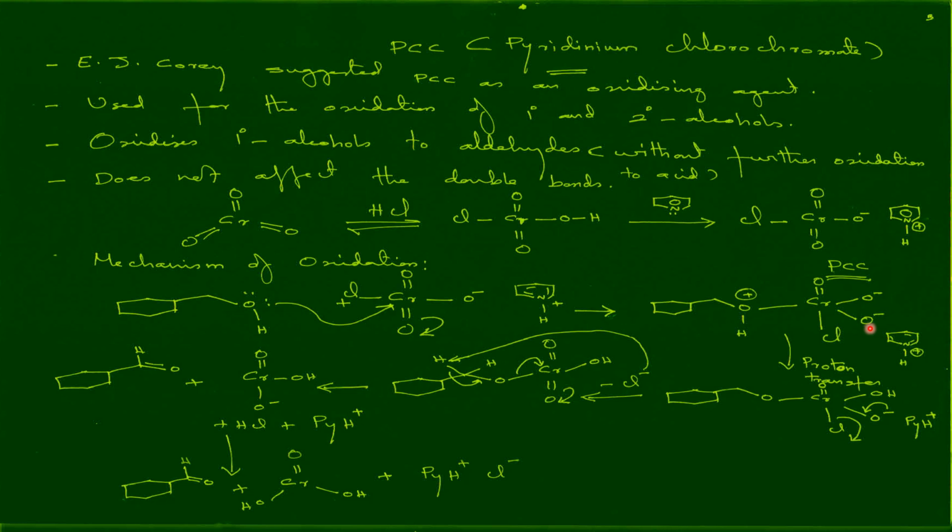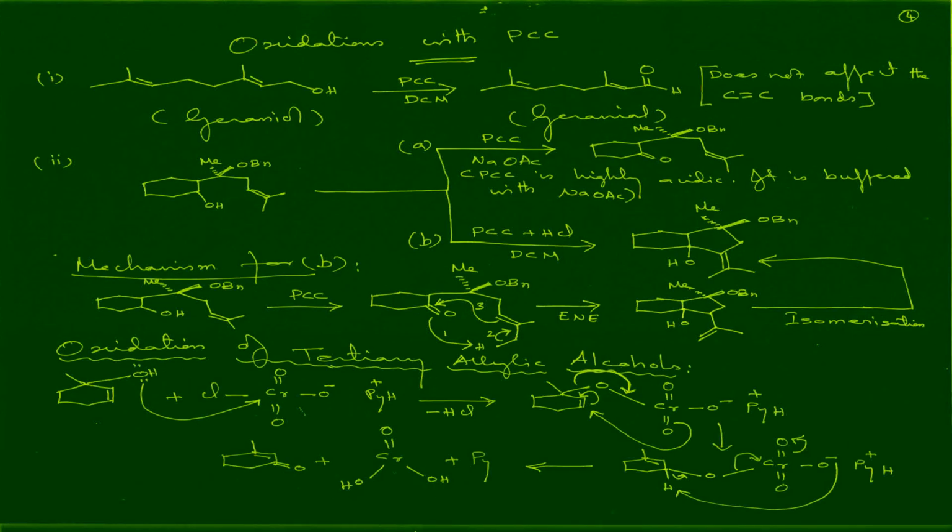The minus charge on oxygen comes back to form the double bond, pushing out the chloride. The chloride that comes out behaves as a base and removes a hydrogen from the carbon which is possessing this oxygen. After the removal of hydrogen from here, it ends up in the formation of a carbonyl group. Therefore, the primary alcohol is oxidized to aldehyde with pyridinium chlorochromate.